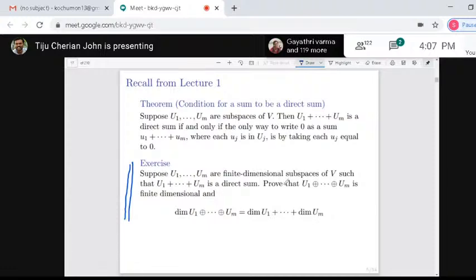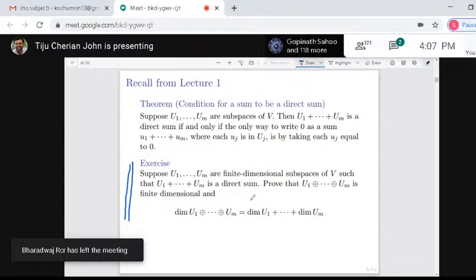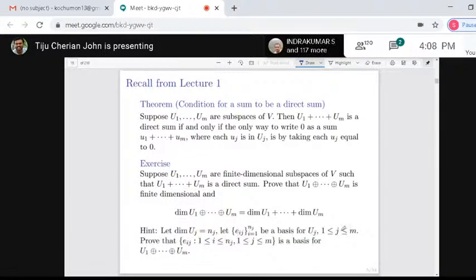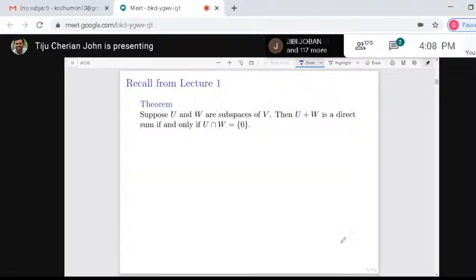If you have subspaces U1, U2, ..., Um, and this is a direct sum, then the dimension of the direct sum is the same as the sum of the dimensions of the corresponding spaces. I have given a hint also. If you want, you can see the YouTube lecture later and pick up on this.